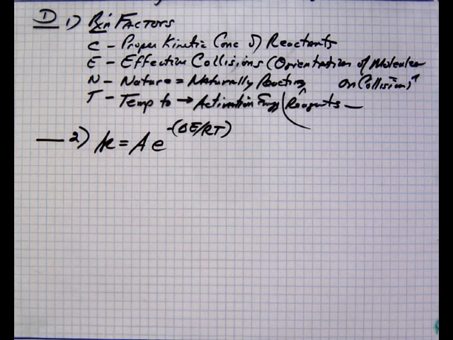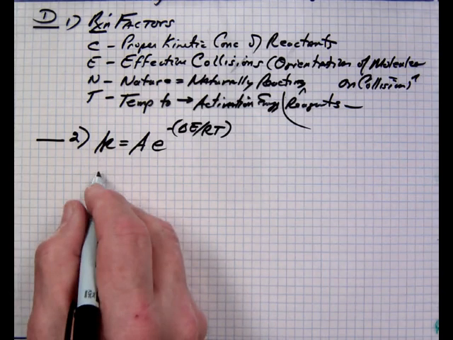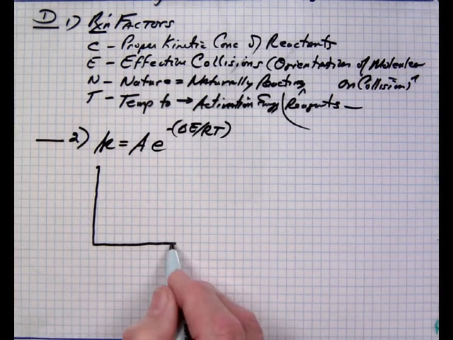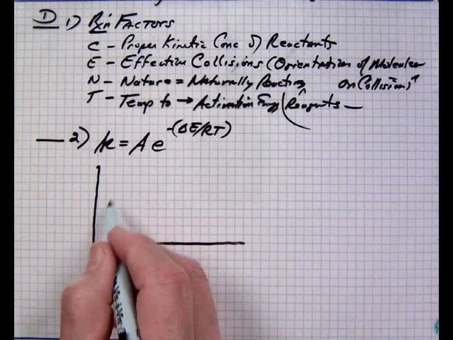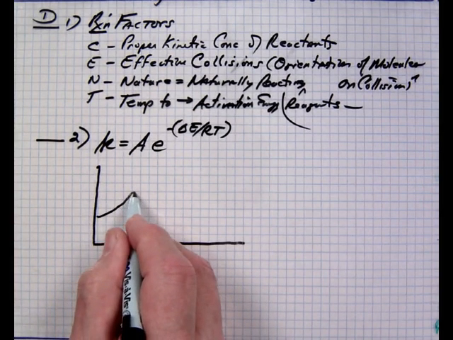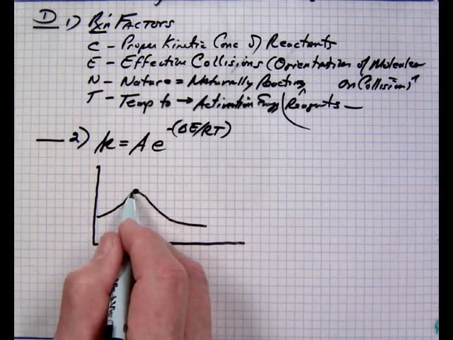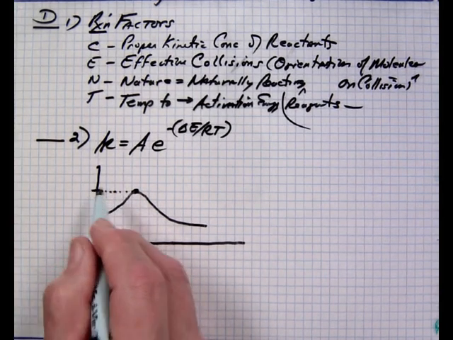If the activation energy increases, the rate decreases. It's an inverse relationship. If you consider a transition state graph, say like this one, well, this is your activation point, EA.